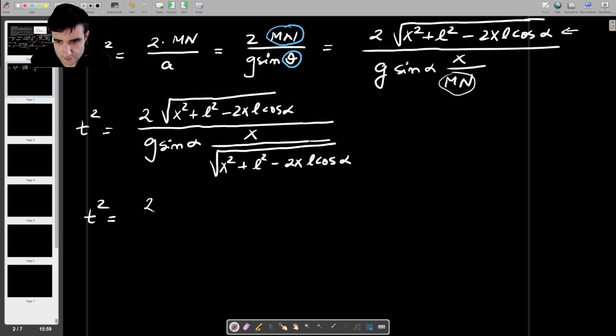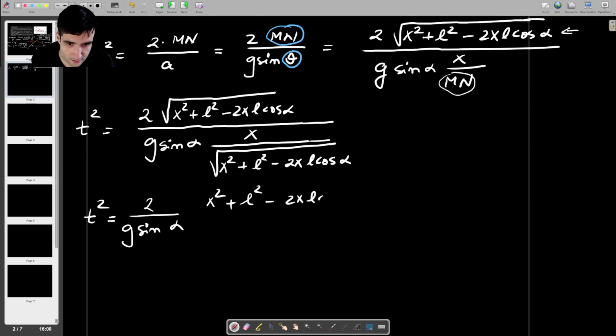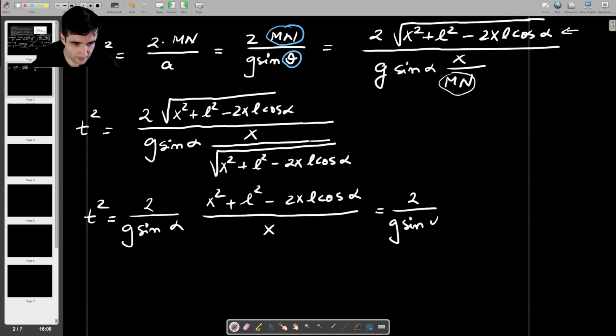So this gives us 2 over g sine alpha, and then we have x squared plus L squared minus 2xL cos alpha, everything divided by x. Okay, and we're going to get 2 over g sine alpha, and then I think it's easier if we try to divide. So this is going to give us x plus L squared over x minus 2L cos alpha.